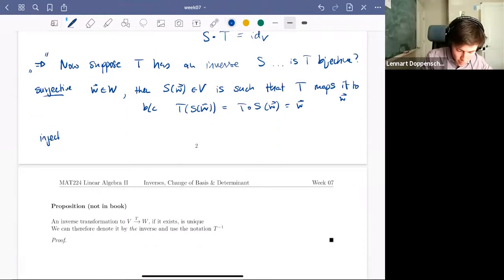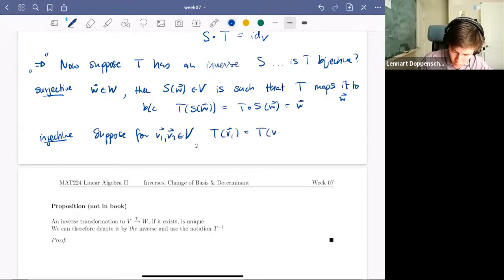And for injective, suppose that for V1 and V2 in V, T of V1 is equal to T of V2, and we know that it's an inverse. Then this implies that V1, which is equal to ID of V1, is equal to S composed T of V1.